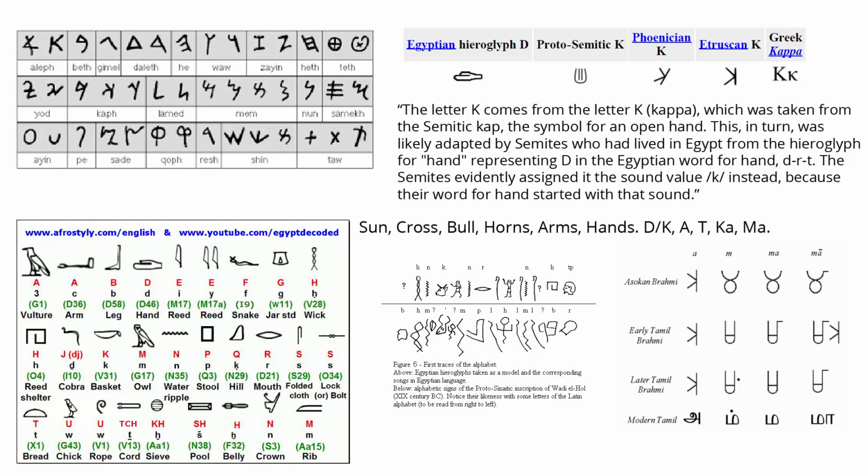So the sun cross, the bull horns, hands, the D-K-A-T, the Ka and the Ma, just a bunch of symbolism that relates the sun cross, the sun circle and the dot, the bull head and the horns and the cross, the Ka and the arms and the cross, the hands and the arms, the letters D to K, D to T, A and K, A and T, and the Ka and the Ma in different languages, and how that symbolism interrelates between those letters and consonants.